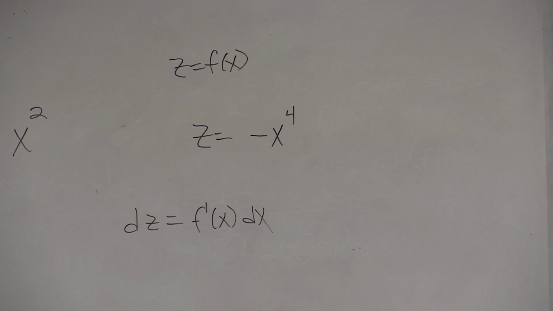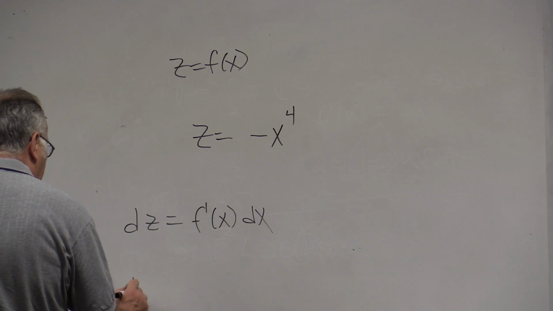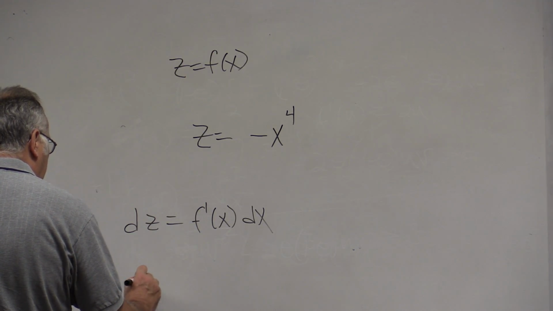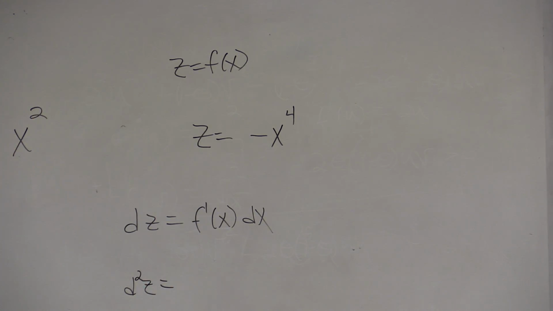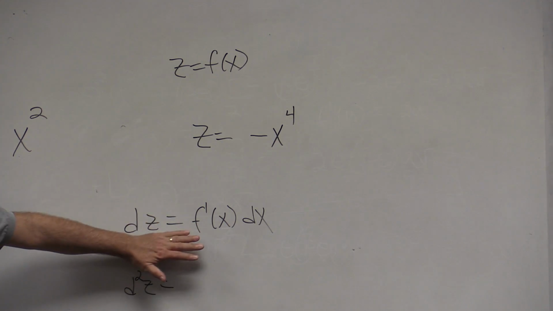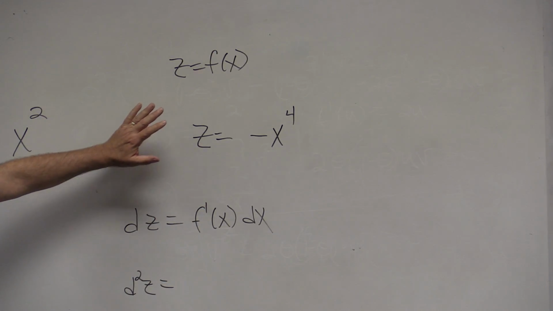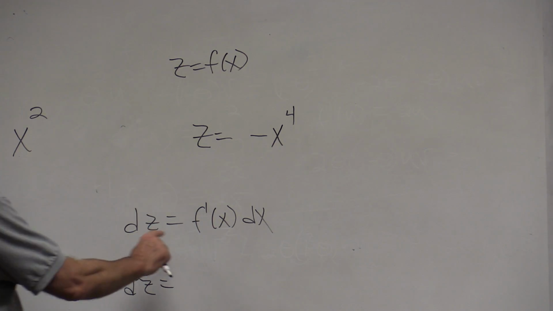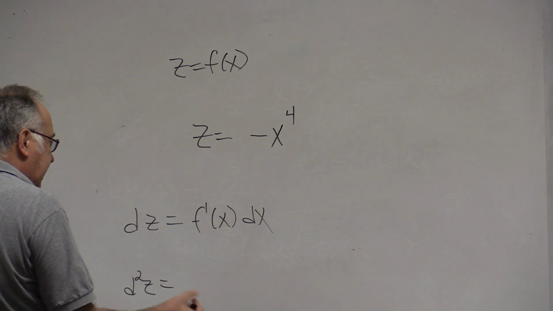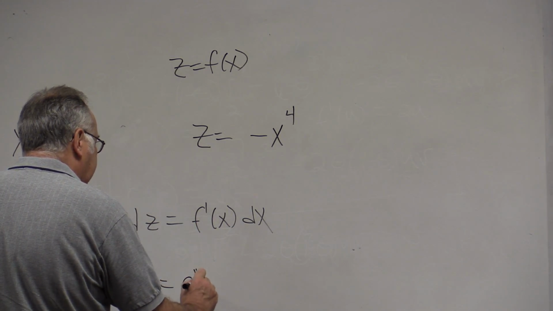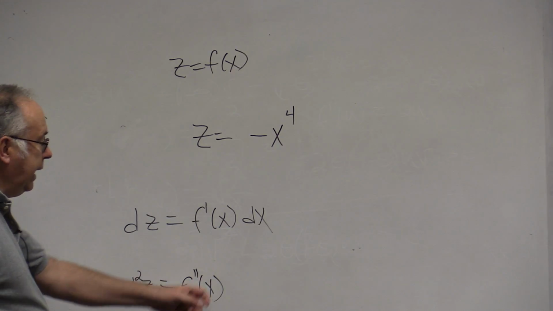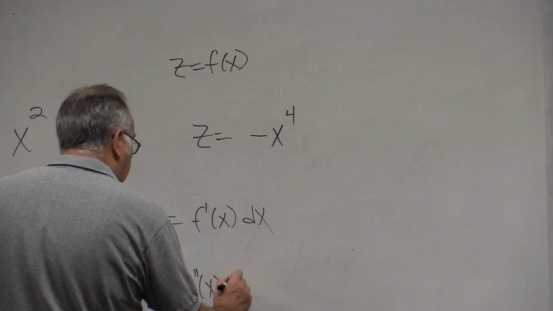Okay. So what is the second order total differential here? In general, given this, what is the second total differential going to be? Okay, no. We're just doing the general case first. Then we'll go back to this. So it's just this. You take the derivative of this with respect to x, so that'll be f double prime of x. Multiply it times dx times the dx that's already there, and you get this.